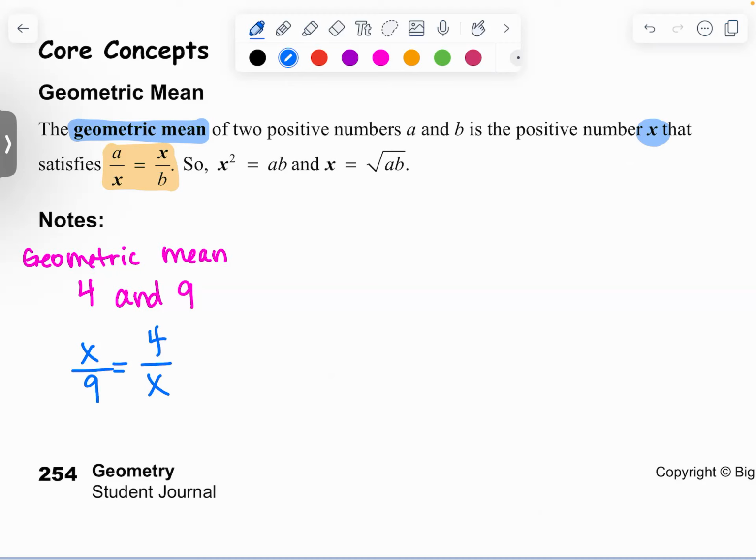So that when we cross multiply, the geometric mean is multiplied together. We get X squared equals 36, which means X equals 6.